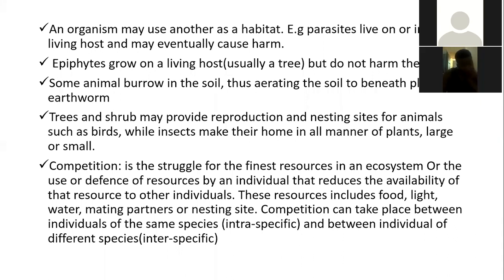The next biotic factor, you have some animals that burrow in the soil, thus aerating the soil beneath plants. Example, earthworm. Even termites, they burrow into the soil. Now the word aerating there means that they enable air to pass through the soil easily. This air is also required by plants that are in the soil.